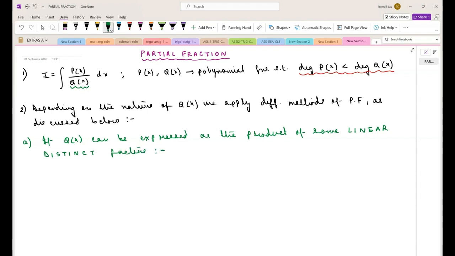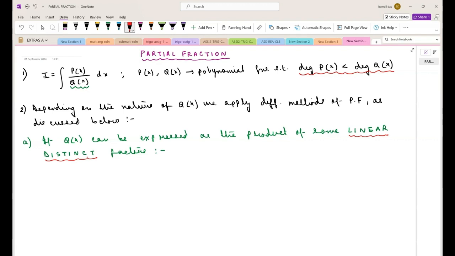So this is the first type, that is the qx, the denominator function. You have been able to factorize it and express it as the product of some linear distinct factors.